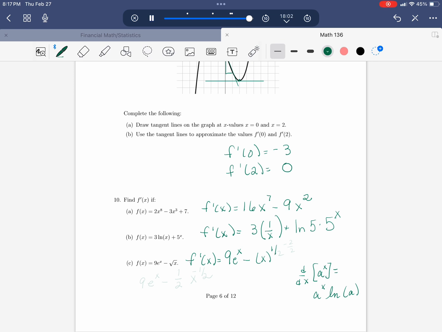And then we're going to use the power rule. So now we have 9e to the x, and then using the power rule, we have minus 1/2 x, and then we're going to subtract 1. When we do that, we're subtracting like 2 over 2, and that becomes negative 1/2. And that is the answer for part C.